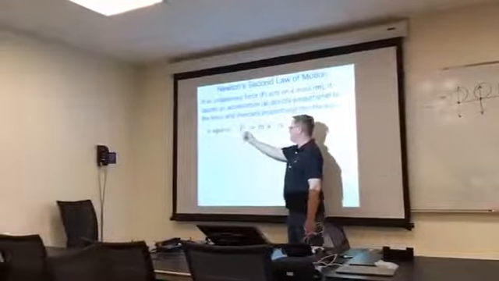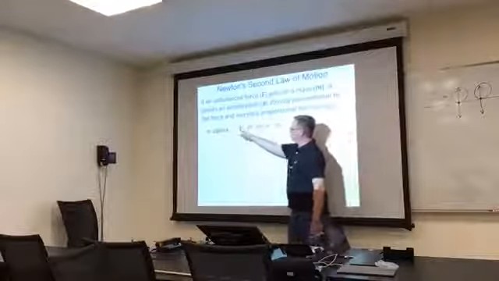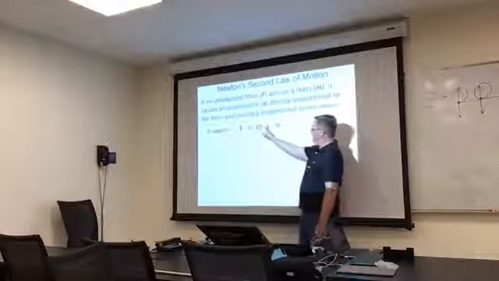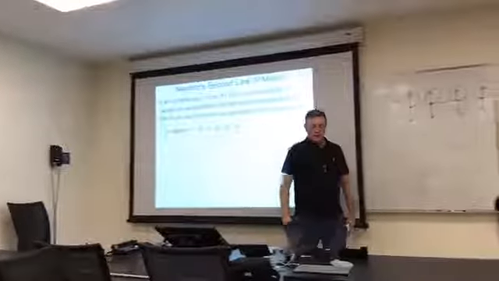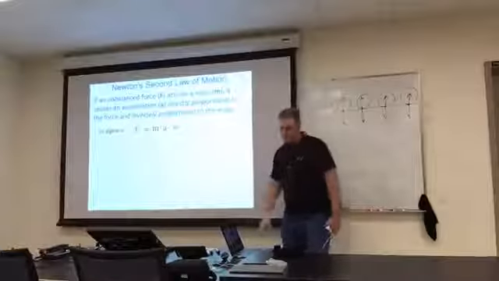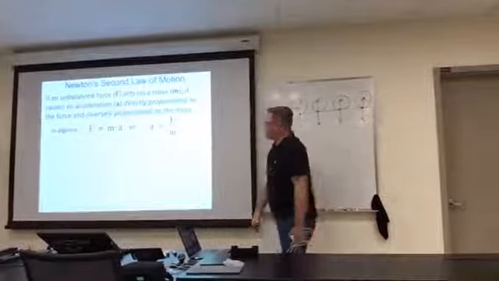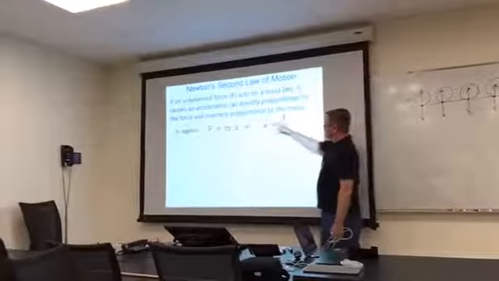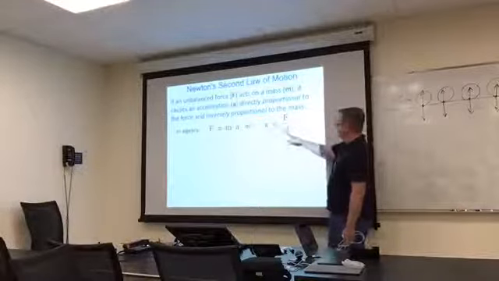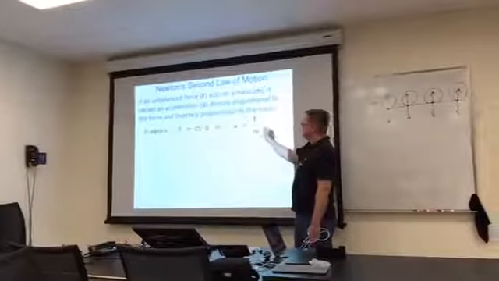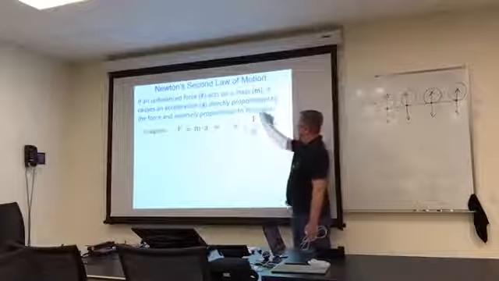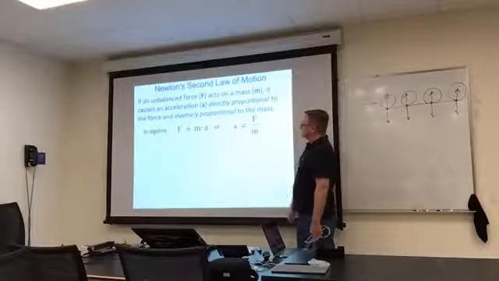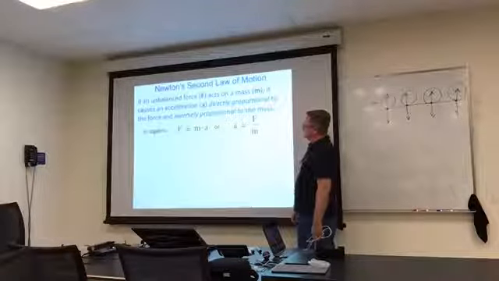It's a nice, simple way to write it. Force is equal to mass times acceleration. Or the way the sentence is written, acceleration is directly proportional to force and inversely proportional to mass. So it fulfills the conditions of that sentence.